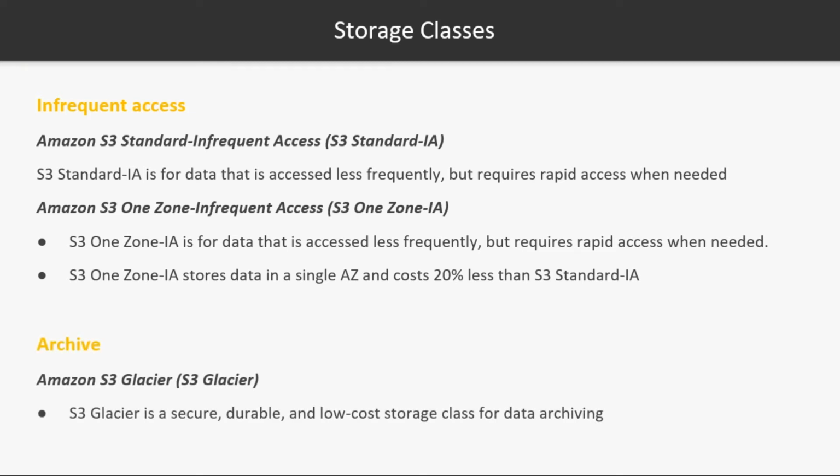Amazon S3 Glacier is a secure, durable, and low-cost storage class for data archiving. You can reliably store any amount of data at costs that are competitive with or cheaper than on-premises solutions. To keep costs low yet suitable for varying needs, S3 Glacier provides 3 retrieval options that range from a few minutes to hours.